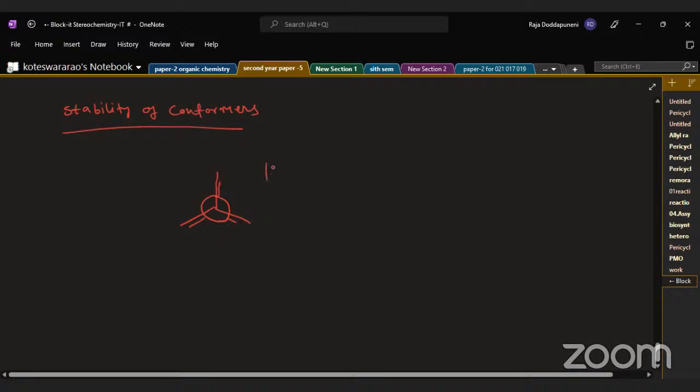The two bonds are one over the other, and there is interaction, which may be repulsive or attractive. Here the repulsive interactions are more influential because both have the same charge. These repulsions are known as torsional strain.